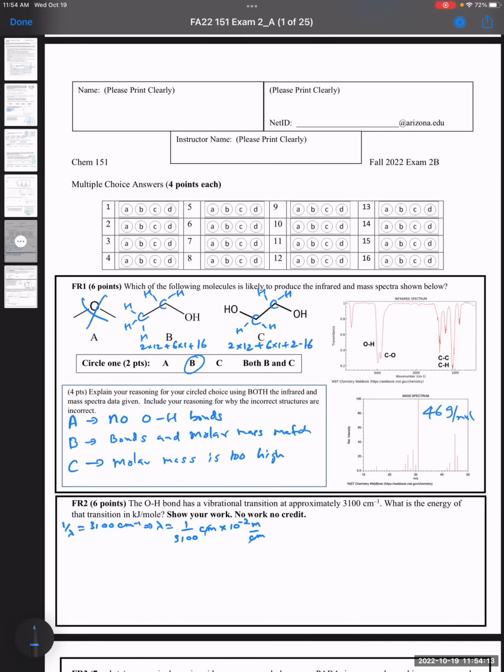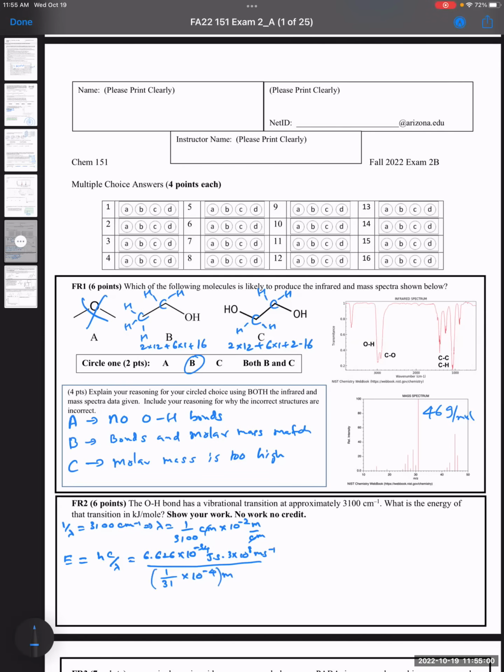Then to calculate the energy of 1 photon, we need to use this equation: E is equal to hc over lambda. h is 6.626 times 10 to the power of minus 34 joules seconds, multiplied by c, which is 3 times 10 to the power of 8 meters per second, and divide this by the wavelength, which is 1 over 31 times 10 to the power of minus 4 meters.